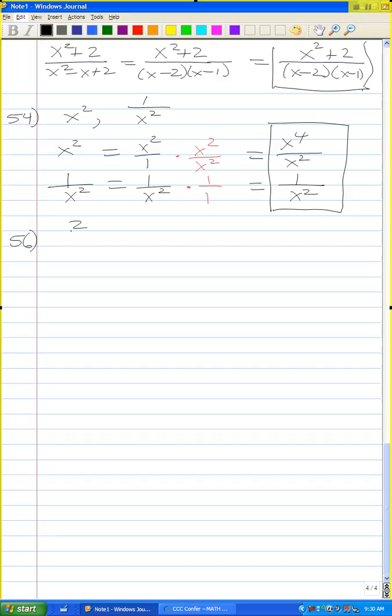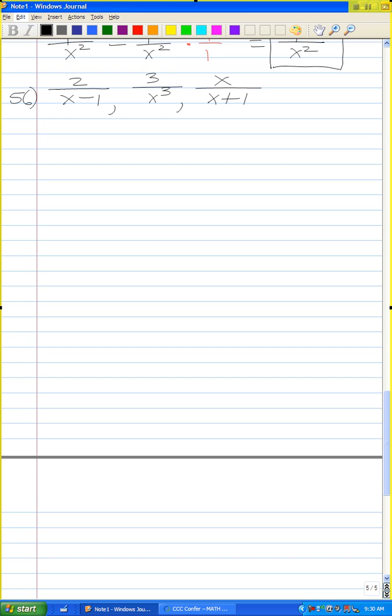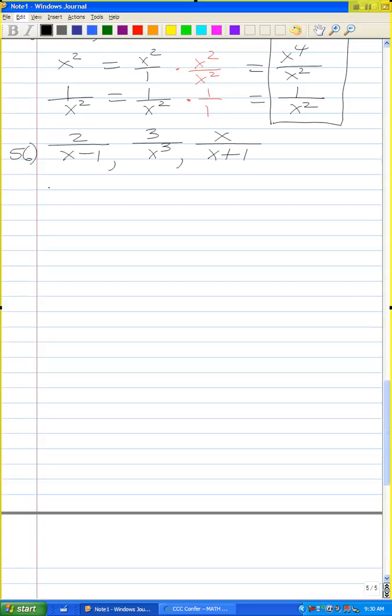2 over x minus 1, 3 over x cubed, x over x plus 1. And so I have here that, well, each of these are factored as much as possible.